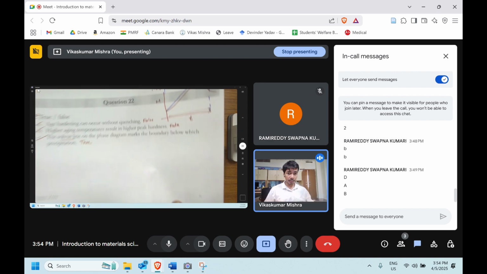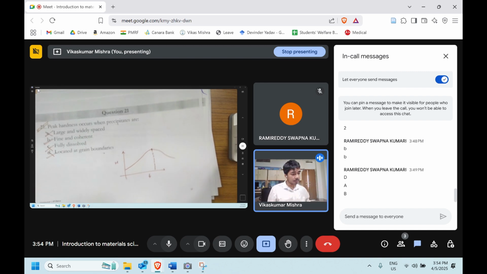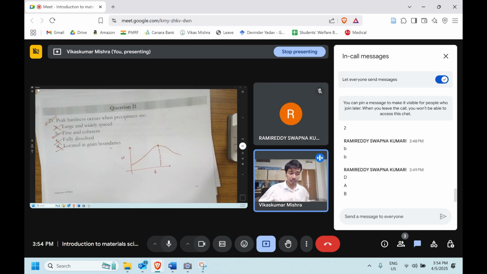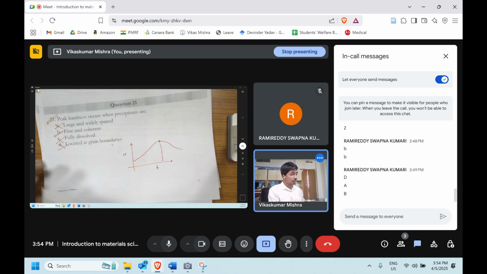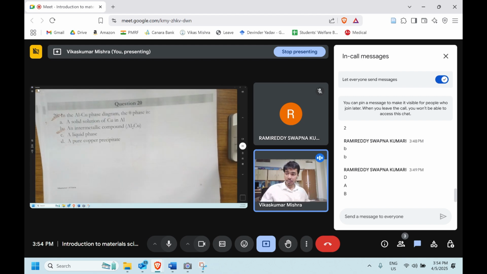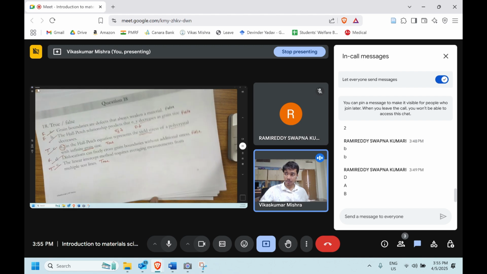Then we talked about the age hardening process, and for that we discussed the peak hardness values, what the microstructure should be, and then what theta consists of. Then we talked about the Hall-Petch equation, mostly the strengthening mechanisms that have been discussed in this couple of slides.